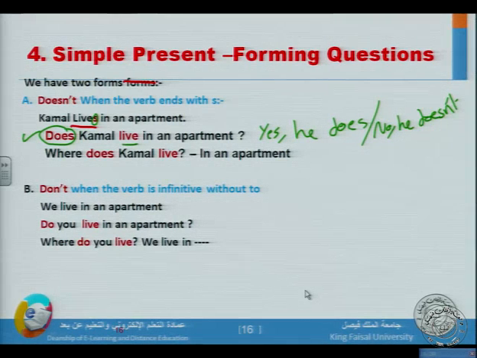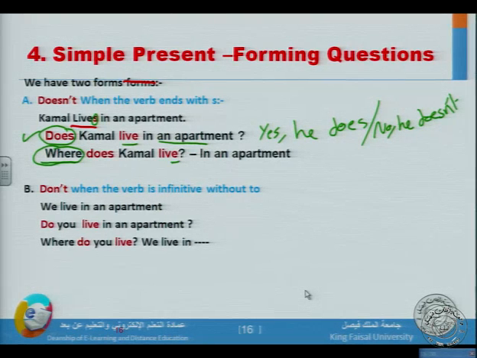Where does Kamal live؟ فقط أضفنا where للمكان، لأنه apartment مكان لازم نسأل بwhere. Where does Kamal live؟ In an apartment. لاحظوا أيضا الفعل هنا we delete the S.